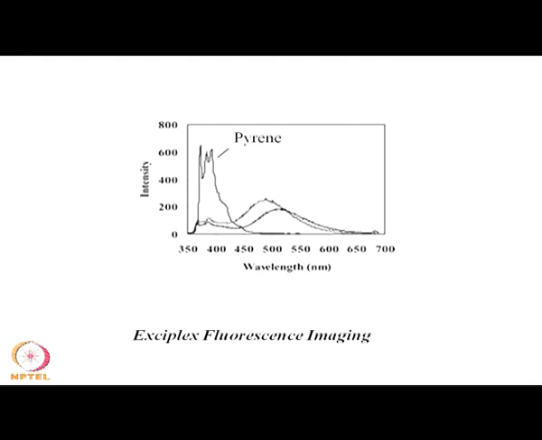Using that you can get different information, and the idea is that Exciplex is a redshifted emission compared to your original fluorophore emission like pyrene. Pyrene has an emission band from around 350 to say 450, and your Exciplex emission is around 460 or even beyond, depending on the polarity of the solvent.